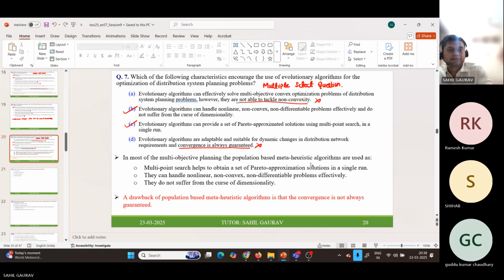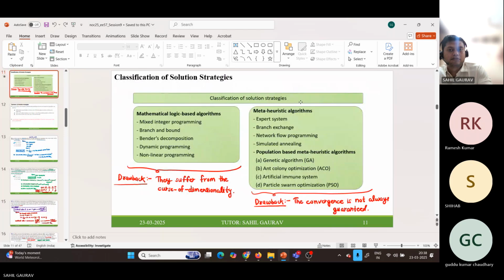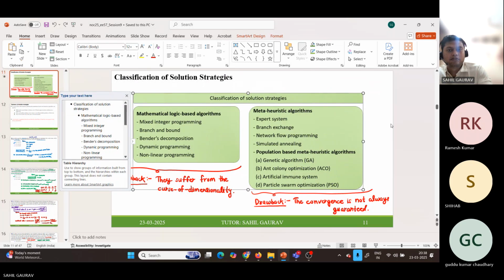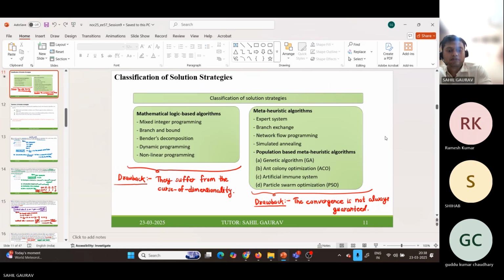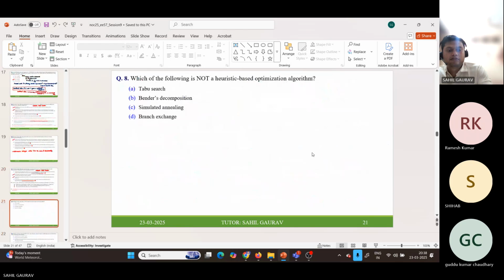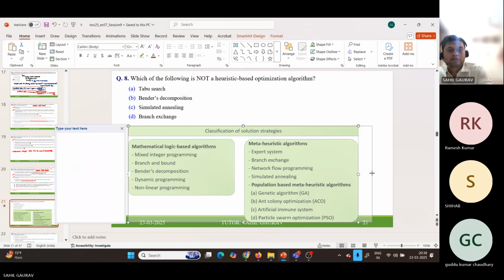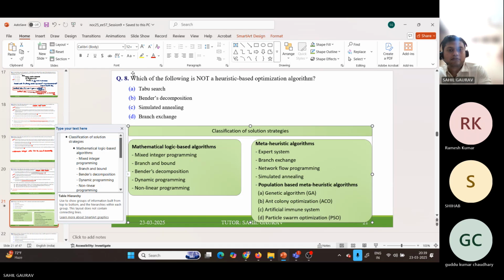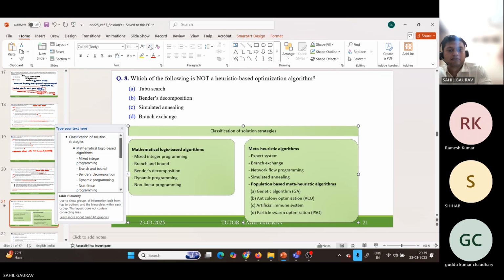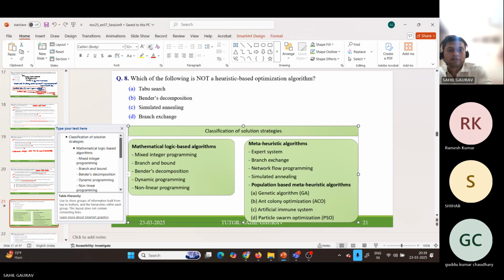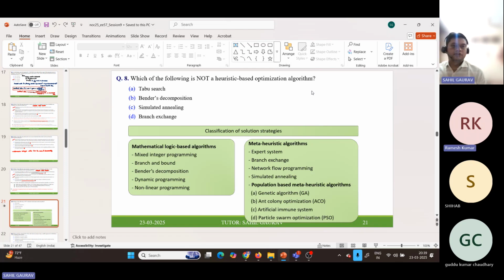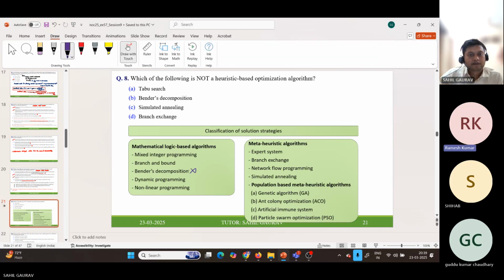B is correct. If you see Benders decomposition, this comes under mathematical logic based algorithms or deterministic algorithms. So Benders decomposition is not a heuristic based optimization algorithm. So B is the correct option.